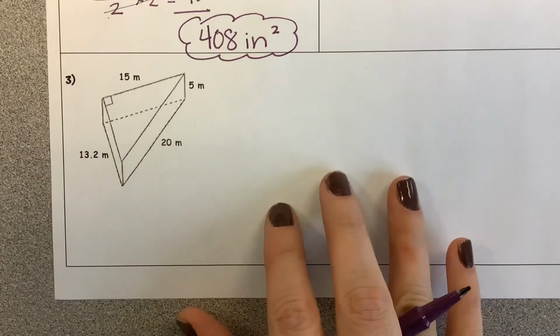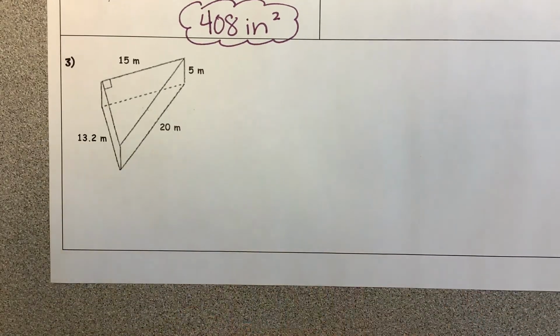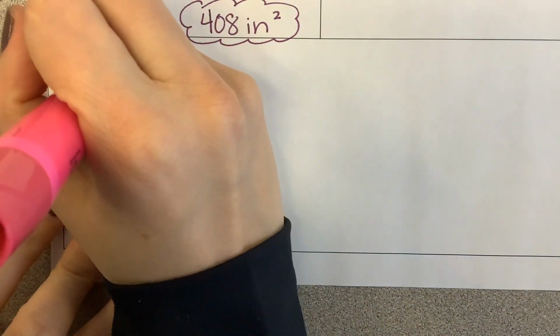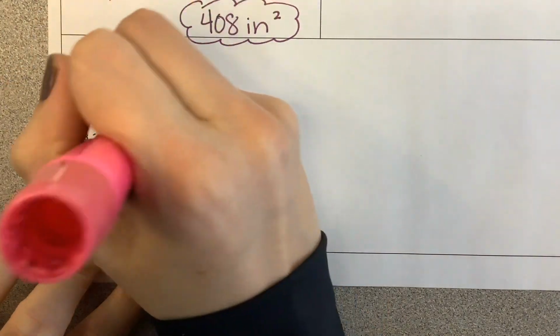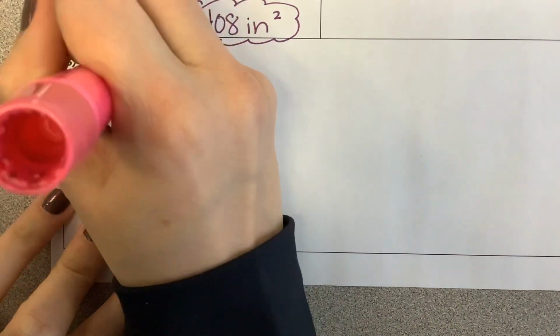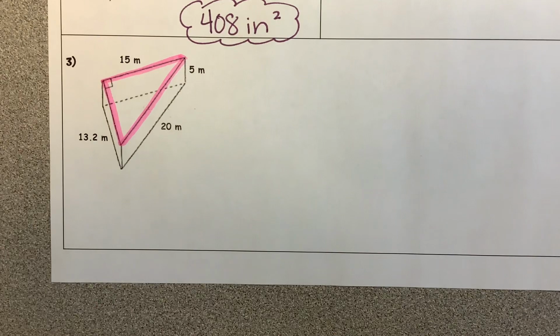Let's try one more. Sometimes people look at this one and they get kind of confused, but again, if you can break it down the same way, you shouldn't have an issue. We've got our triangle side lengths, 1, 2, 3. Well, let's see what those side lengths are. We have 15 right here.